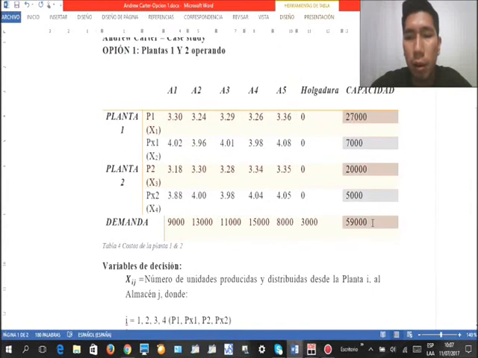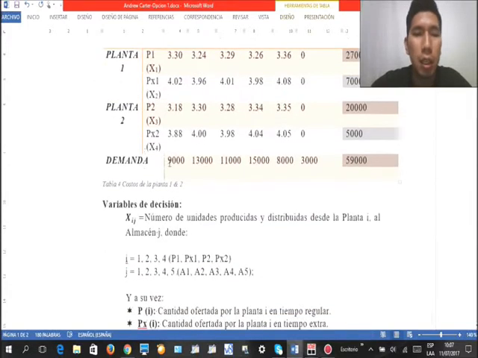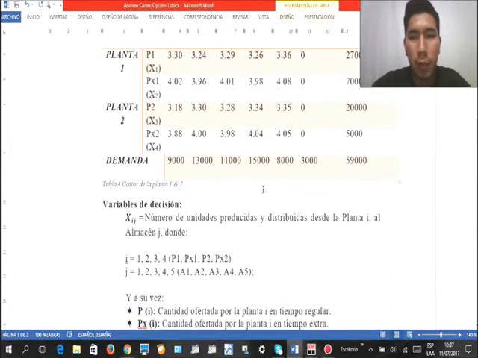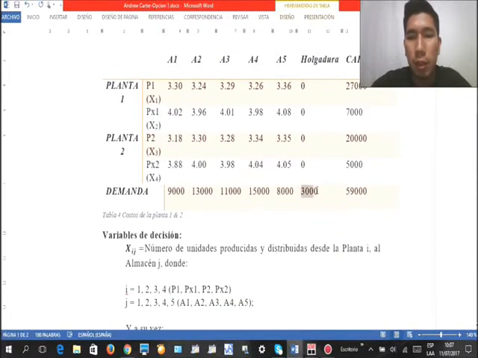These numbers are the limited capacity of plant 1 and plant 2. This number is the limit demand of each warehouse. This number is the difference between capacity and demand.